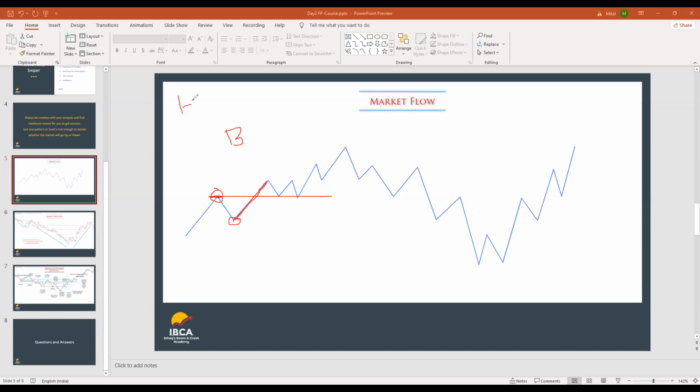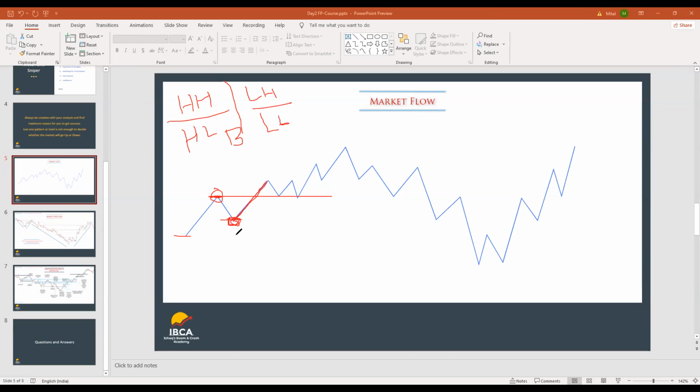Market works all the time in this format. It makes higher high, higher low. Then there is your lower high and lower low. So that's your lower low, that's your higher high, what do you call this?